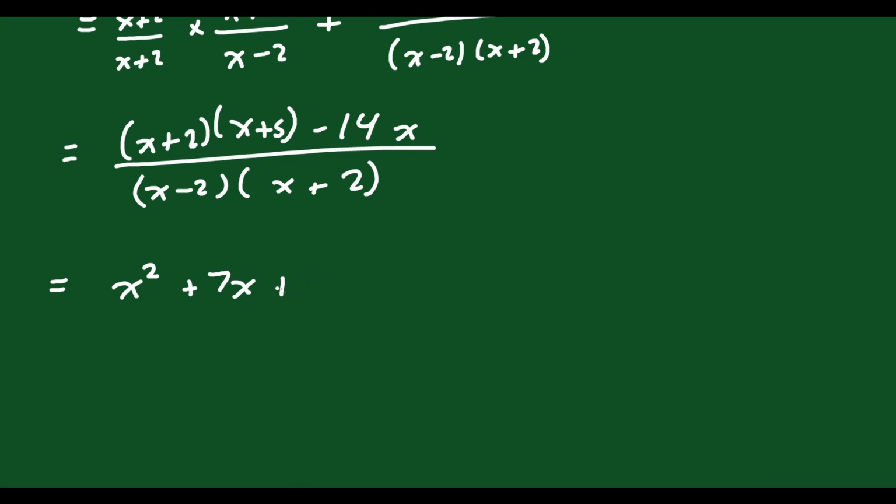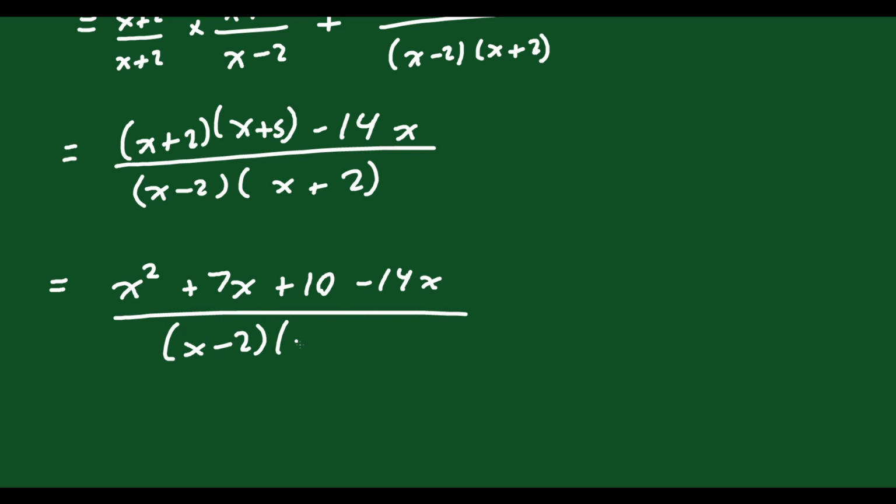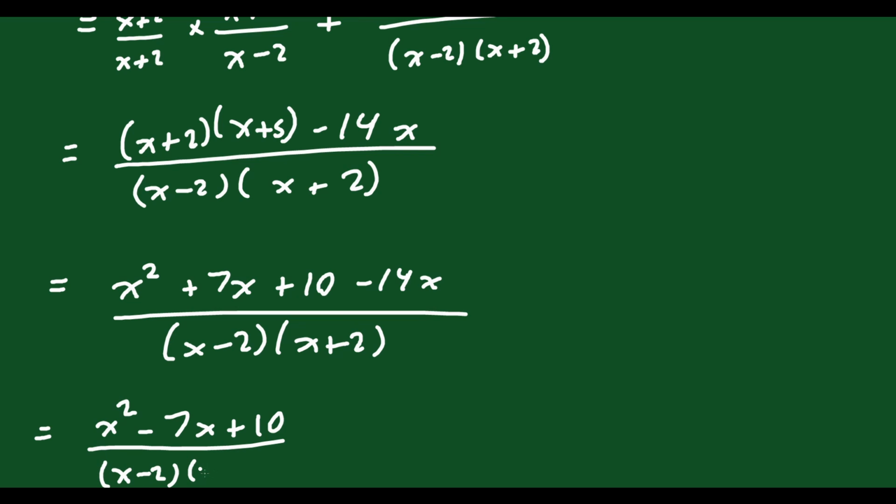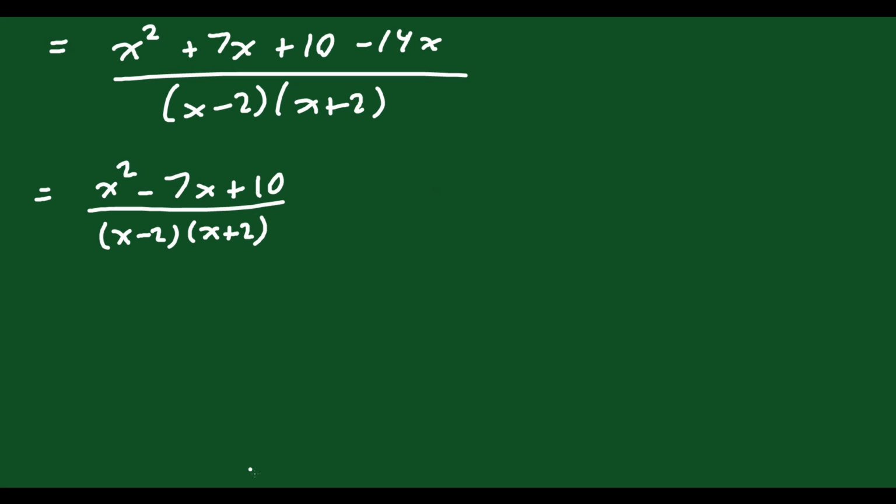And then 2 times 5 is 10, minus 14x, all over (x − 2)(x + 2). Finish collecting like terms here and you'll get (x² − 7x + 10)/((x − 2)(x + 2)). Now see if we can factor the top.